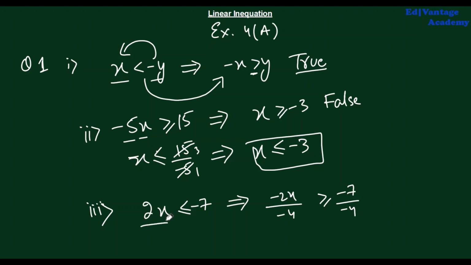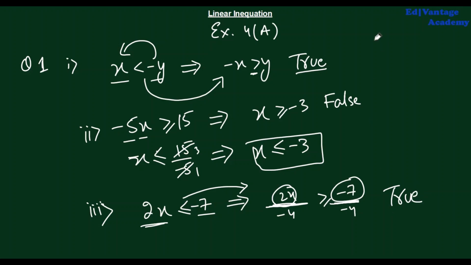This is 2x, and this is minus 7. So 2x and minus 7 are the same here, but on both sides they have divided by minus 4. So whenever there is division by a negative number on both sides or one side, the symbol will reverse as compared to the previous one. Okay, so it was a less than, it became a greater than, so I should say this is true.